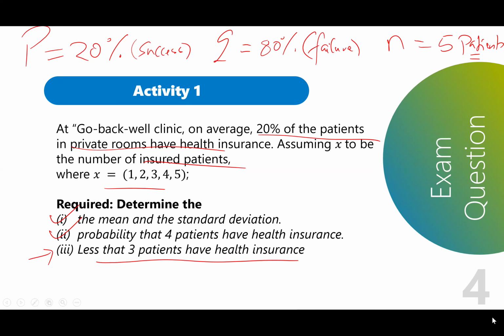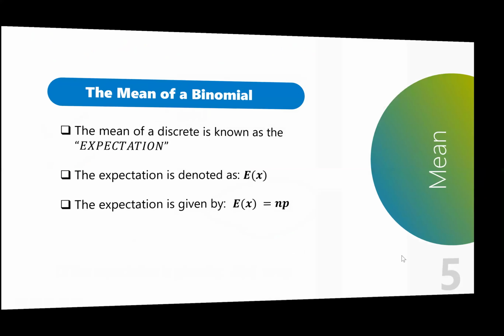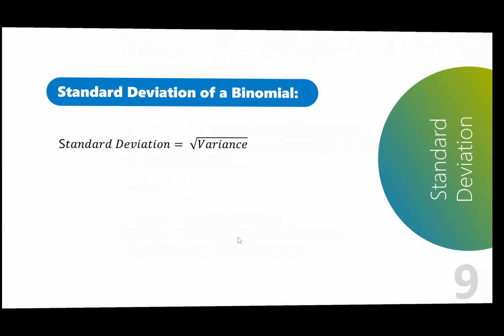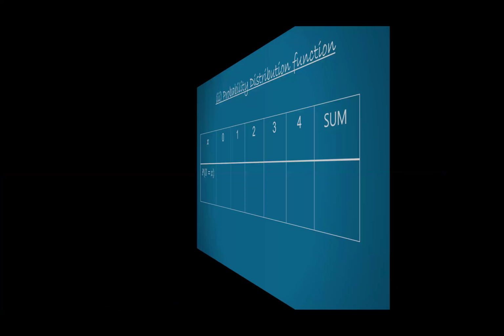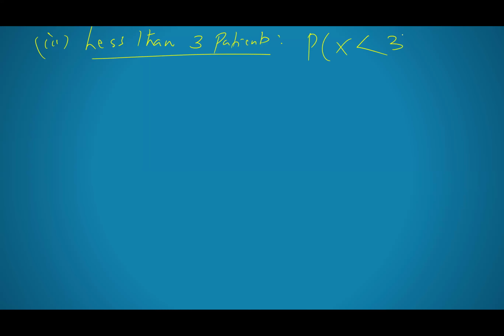Okay, so less than. Looking at the number line, considering the figures given to us, less than 3 patients. I would be right if I say this is probability x is less than 3.